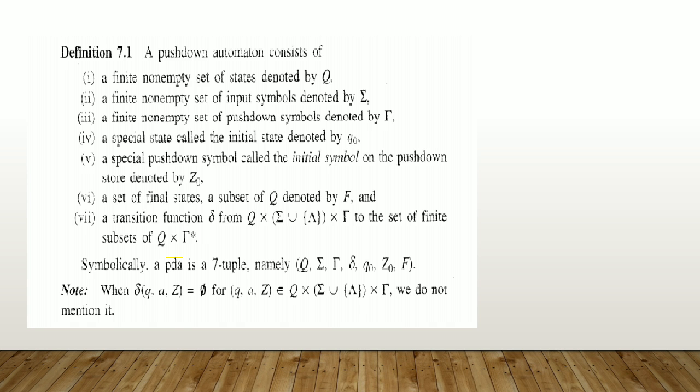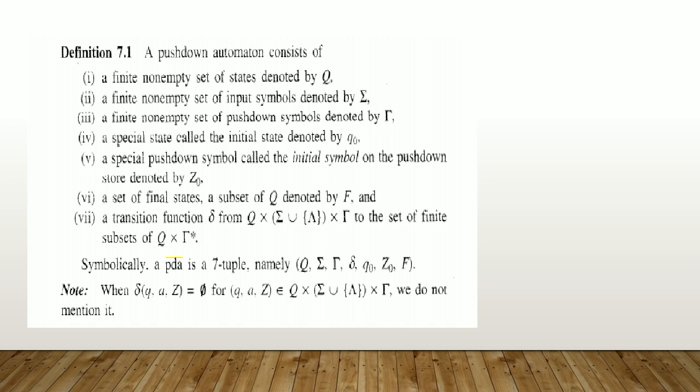And last is the final state, as in finite automata, which is indicated by capital F, and the 7th tuple is the transition function delta, from Q cross sigma union null and the pushdown symbol.